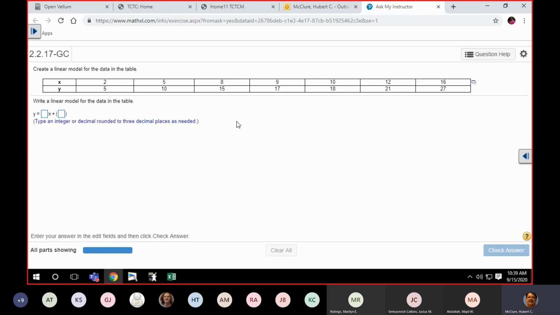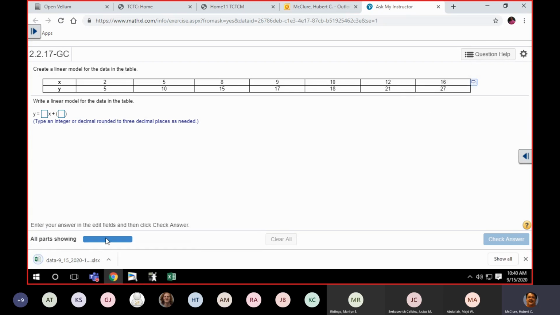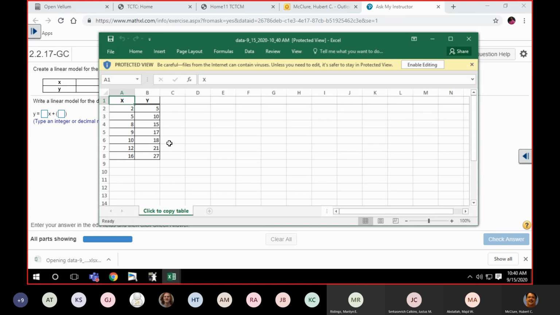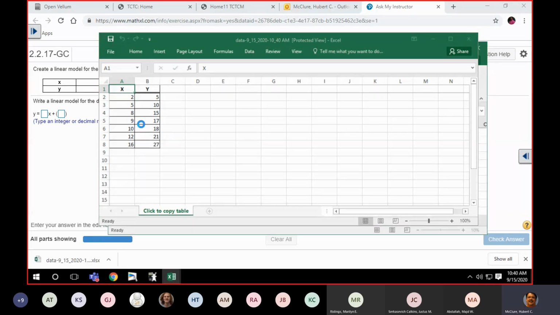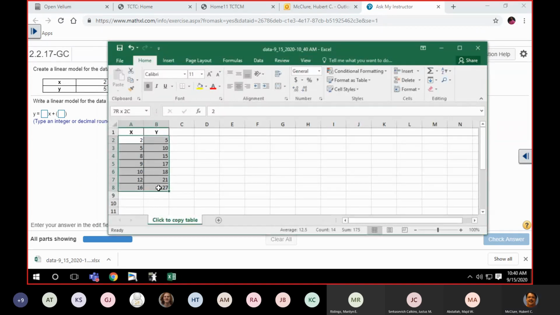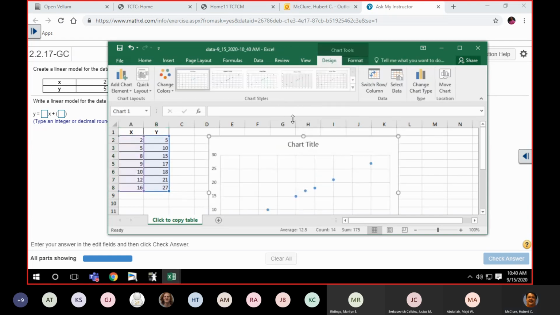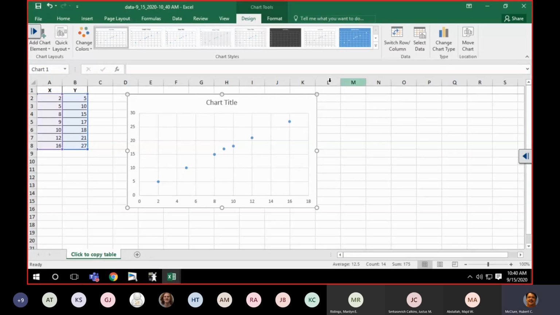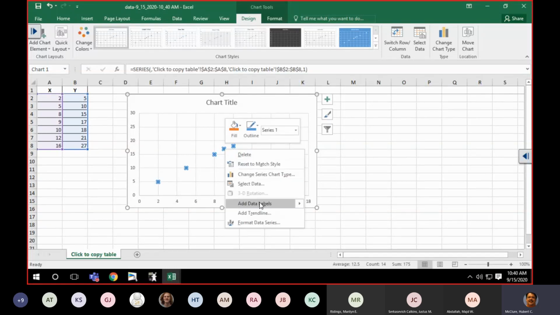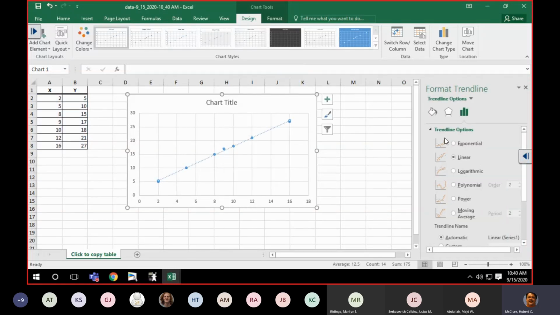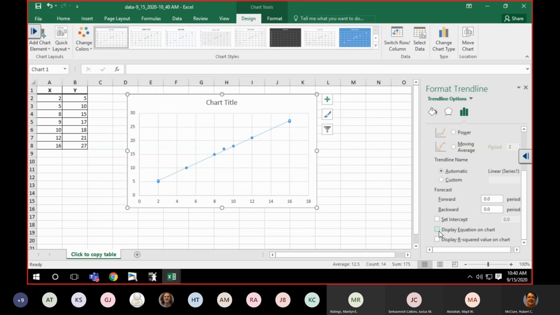Same type question. I'll do it since it's different. I'll do one of them. Open in Excel. Highlight. Insert. There's our scatter plot. Click on one, right click on one, add trend line. Display.